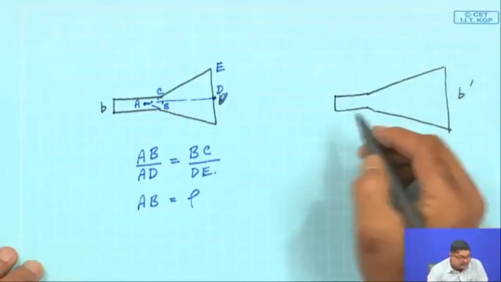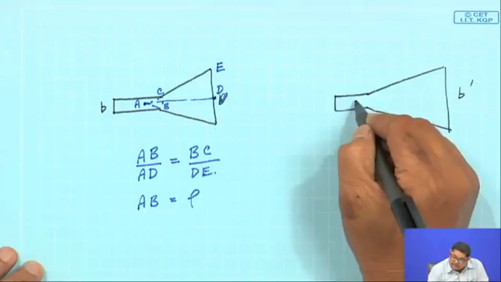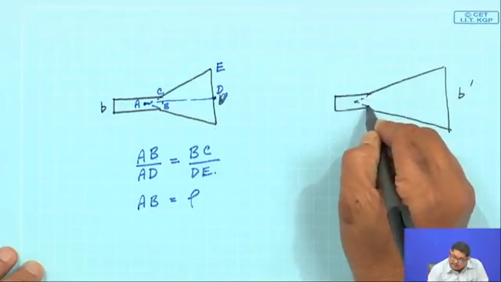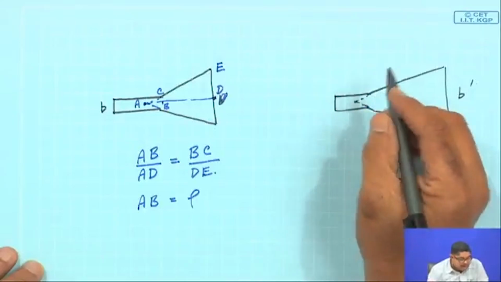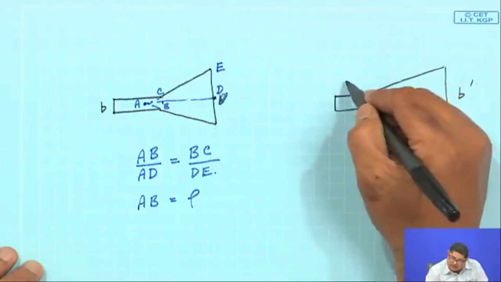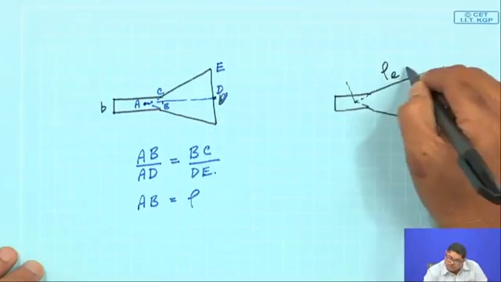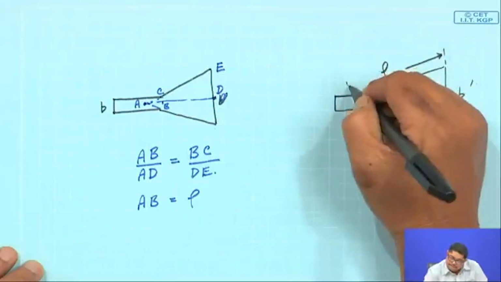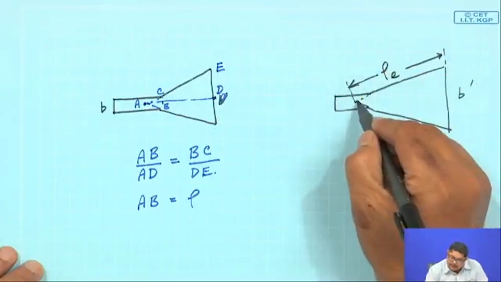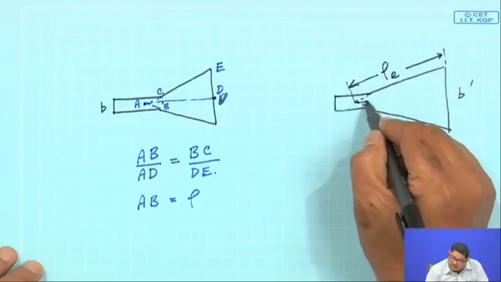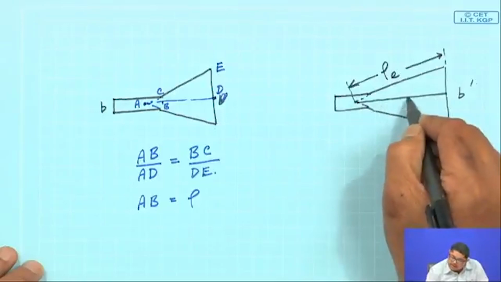This is my B dashed and this is my apex, and we will call this flared thing rho E, and this one from here to here rho 1.